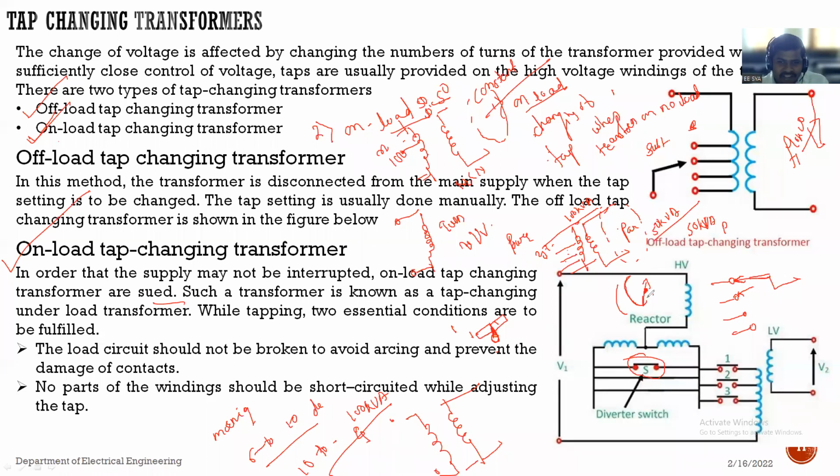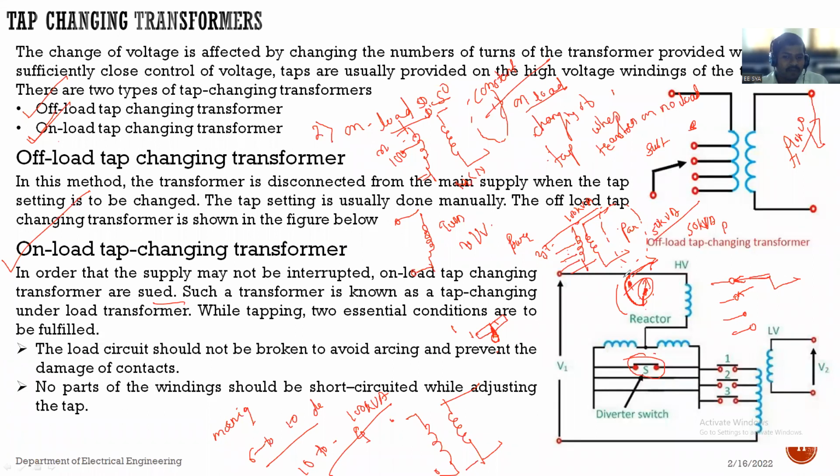So see, if I want to make a change here, at that situation I will flow the continuity of the supply on the diverter path. Once this tap changing is complete, I will open the diverter switch. The diverter switch used here will be opened.